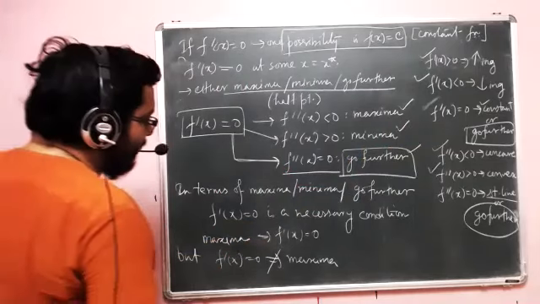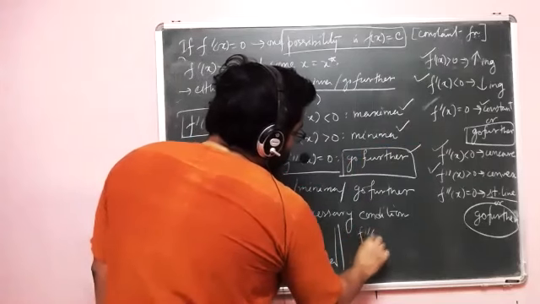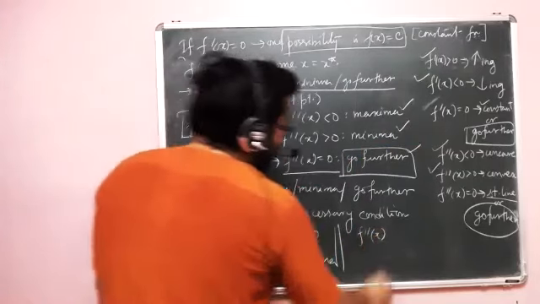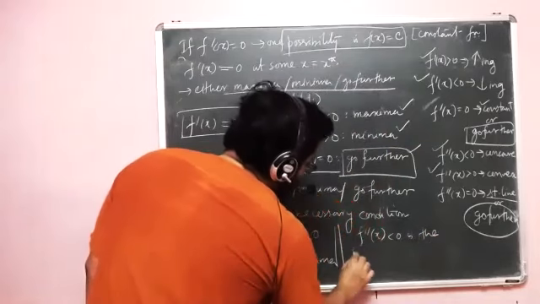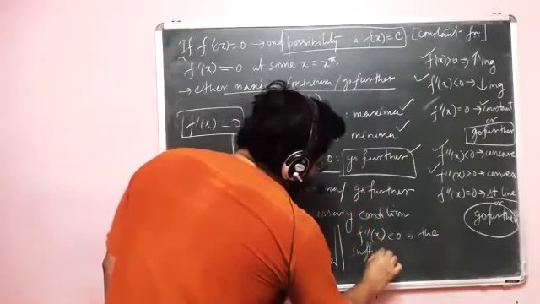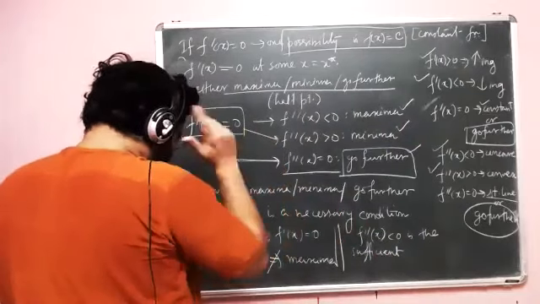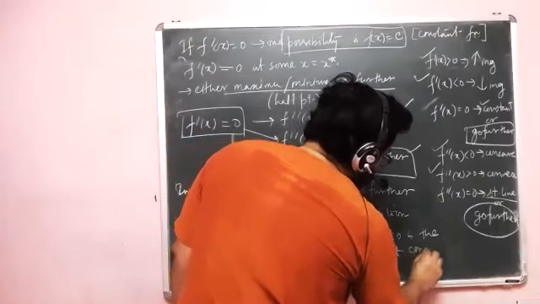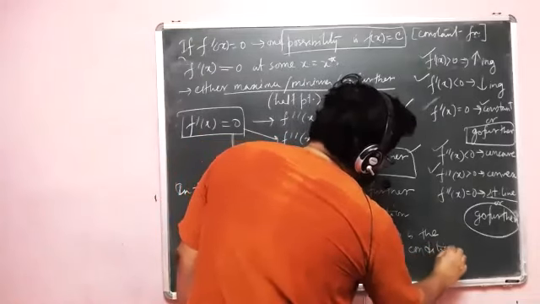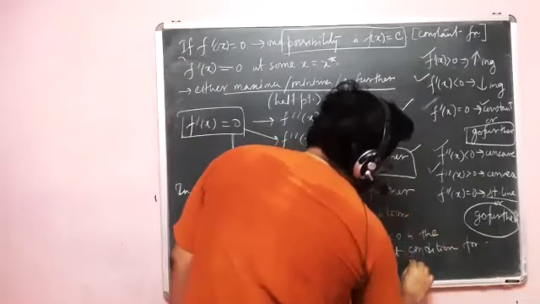And because of that, f double dash x less than 0 is the sufficient condition for maxima.